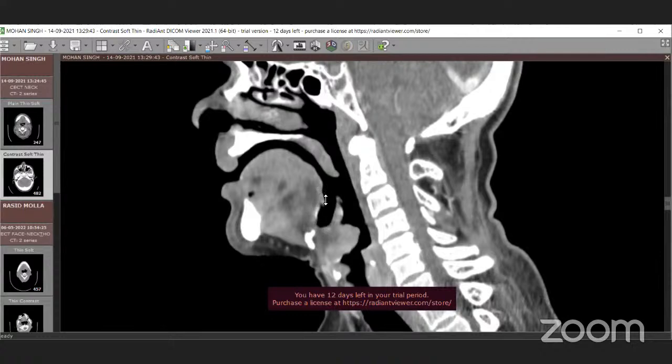Anything on the anterior margin of the vallecula is usually a lingual tonsil, which mimics a mass. So whenever you have a lingual tonsil, please don't consider it as a mass, and see whether it extends into the floor or the posterior wall of the vallecula. If there is no extension, it is just a lingual tonsil. Don't consider it for any therapeutic interventions.